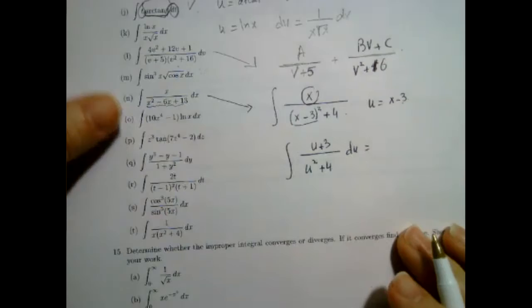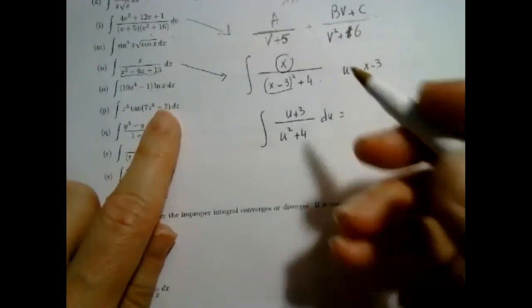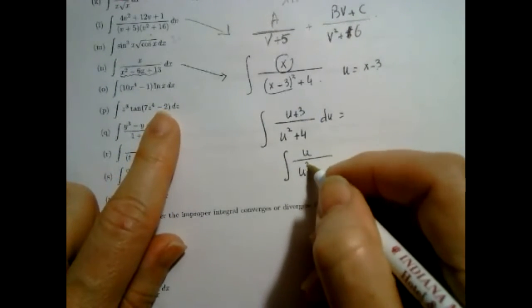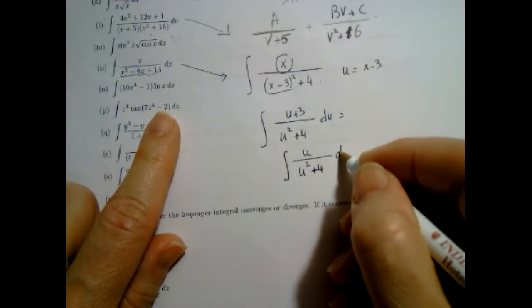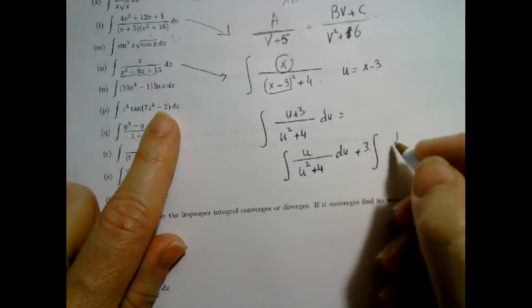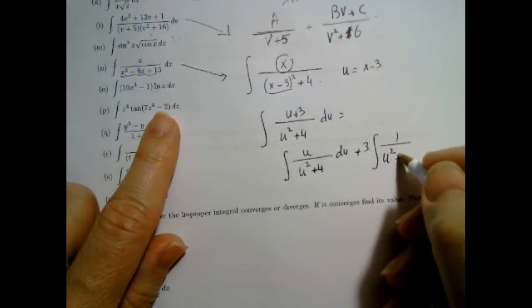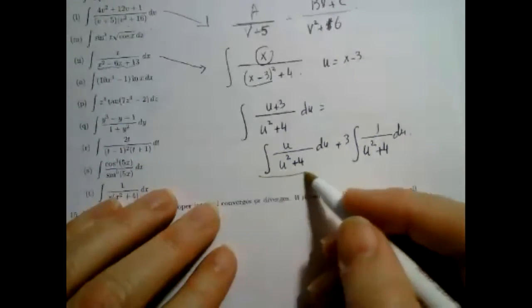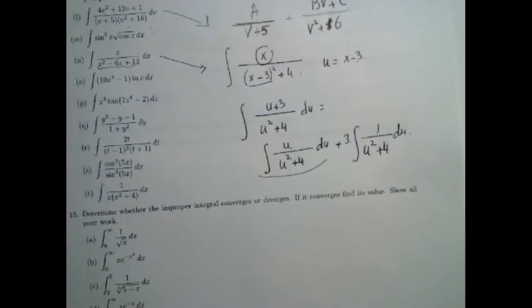And finally, I'm doing this to remind you, we split this into that one, which is going to give me a substitution, and that will give me 3 times 1 over u squared plus 4 du. This is a typical substitution problem that is easy.